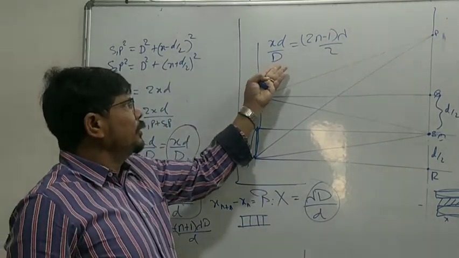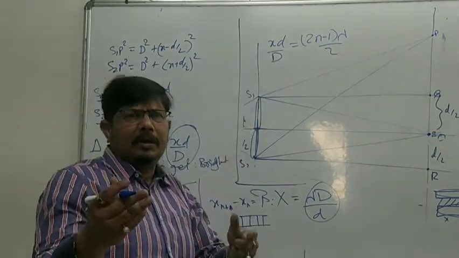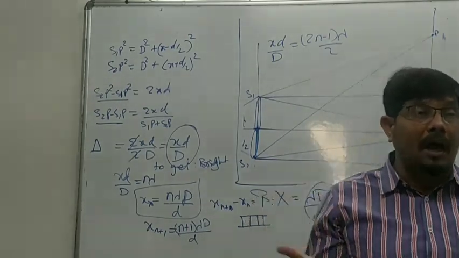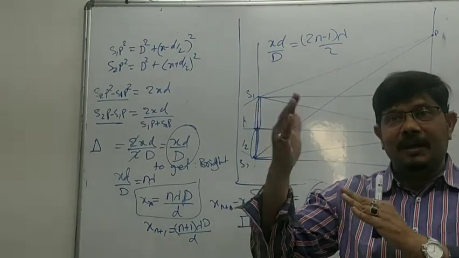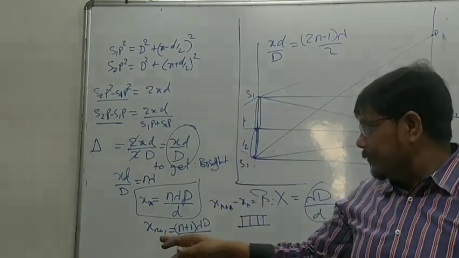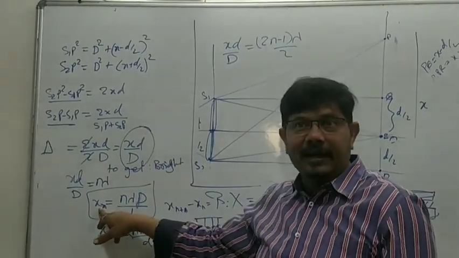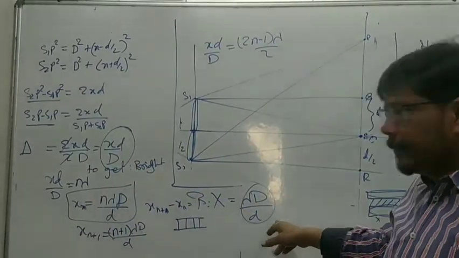Now, just get the value of x, and for two consecutive dark fringes, take one as 2n minus 1 and the other as 2n plus 1. If it is xn plus 1, that is 2n plus 1, and xn means 2n minus 1. Subtract them and you will get the same answer.